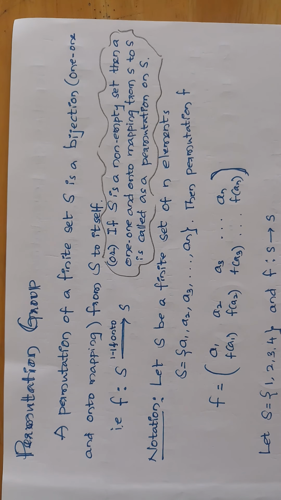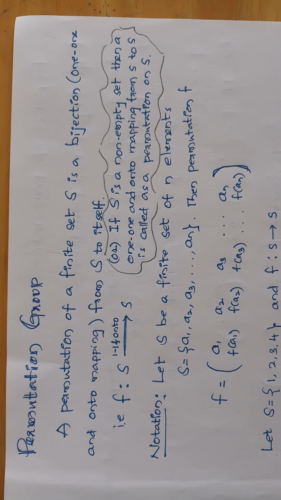To define a permutation of a finite set S: it is a bijection, that is one-one as well as onto mapping from set S to itself.